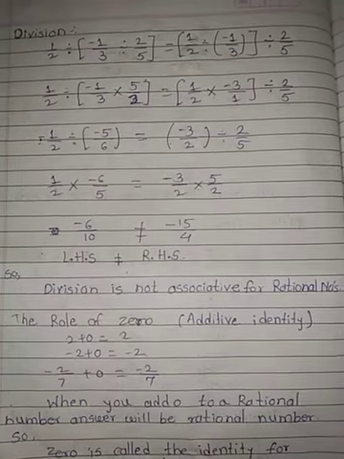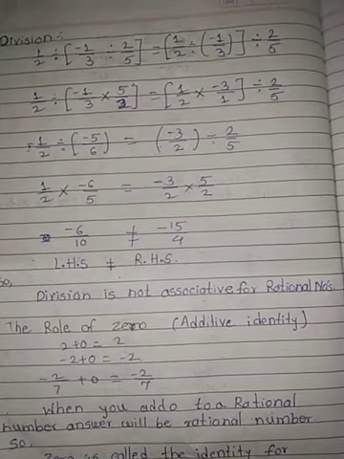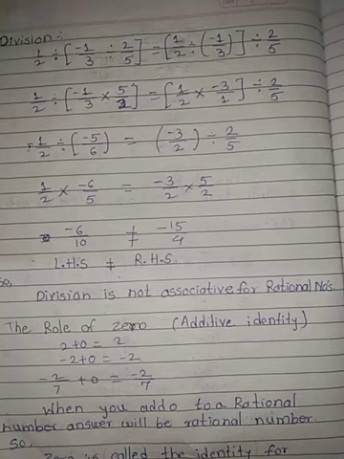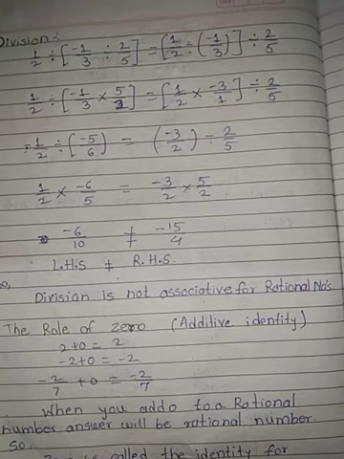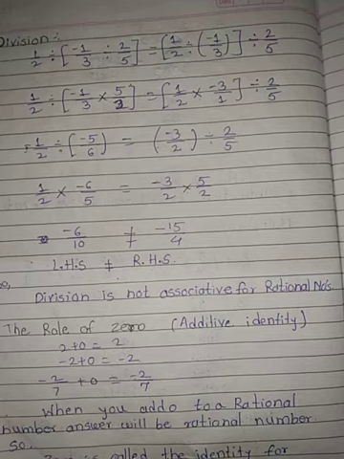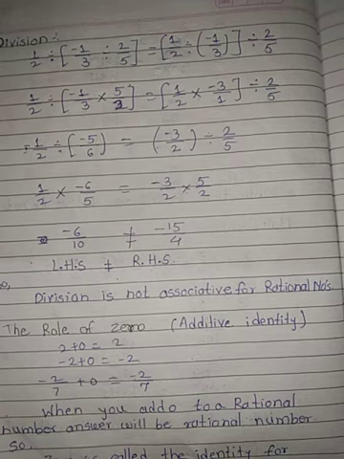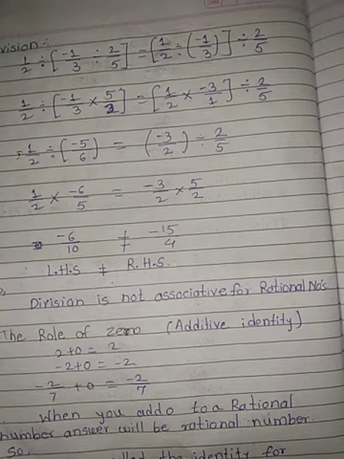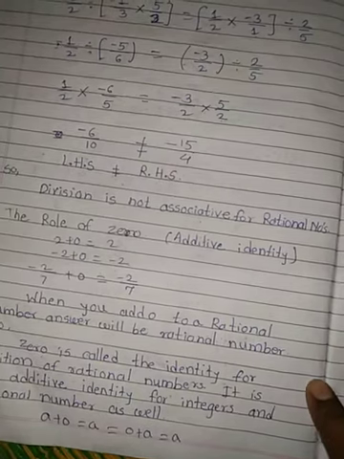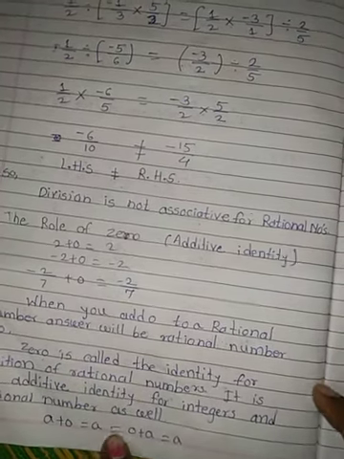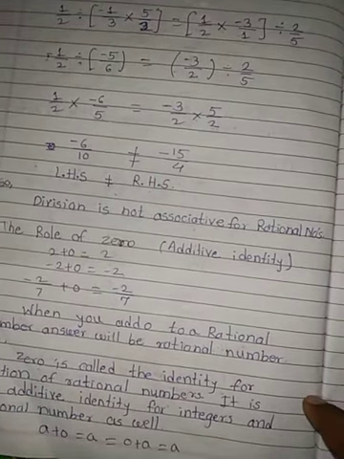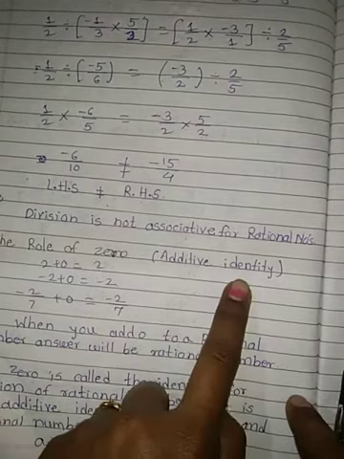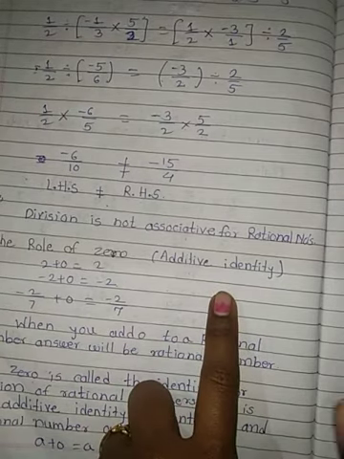Means whenever we add 0 to a rational number, answer will be the rational number. So 0 is called the identity for addition of rational numbers. It is the additive identity for integers and rational numbers as well. Additive identity we can write like a plus 0 is a and 0 plus a is a. Okay, additive identity, that is nothing but role of 0.